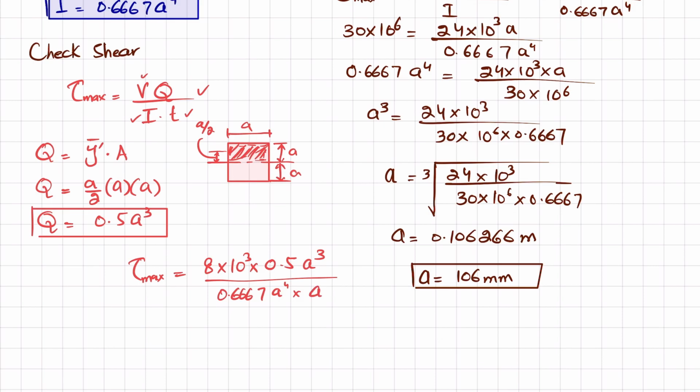T is also A. So you can put the value of A. So 8 into 10 raised to power 3. This A cube will cancel with this and we will be left with A, so into 0.5 divided by 0.66667 into A square.